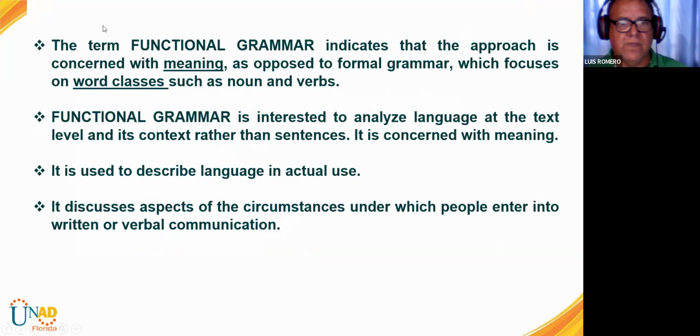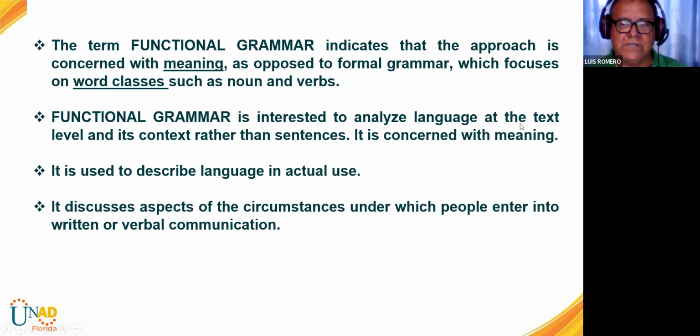So, the main difference between functional grammar and formal grammar is that functional grammar deals with meaning, and the other one deals with the study of word classes, and among them you have nouns and adverbs, and others too, of course.